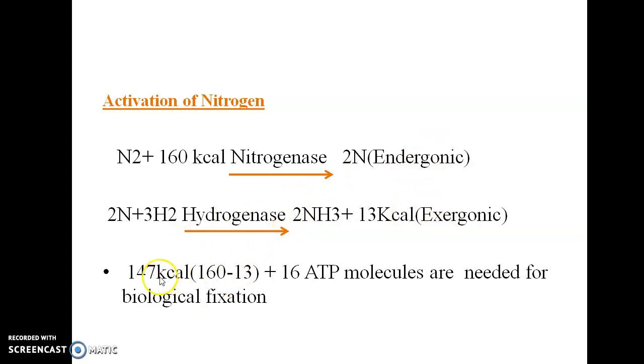So out of this, 160 minus 13 kilocalories, we get 147 kilocalories. So 147 kilocalories along with the molecules are generally needed for fixing this molecular nitrogen. So this is the first stage.